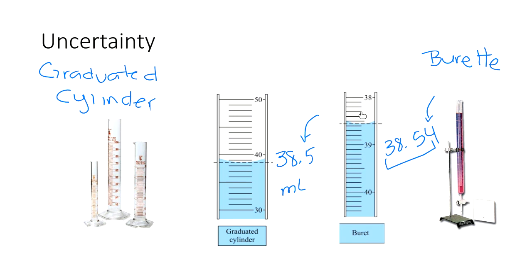We have to use errors that do not depend on us, like this one here. But how precise is my equipment? Well, if the measurement was made with a graduated cylinder, we already know that it was probably not very precise, but because of the equipment, not because of you, right?